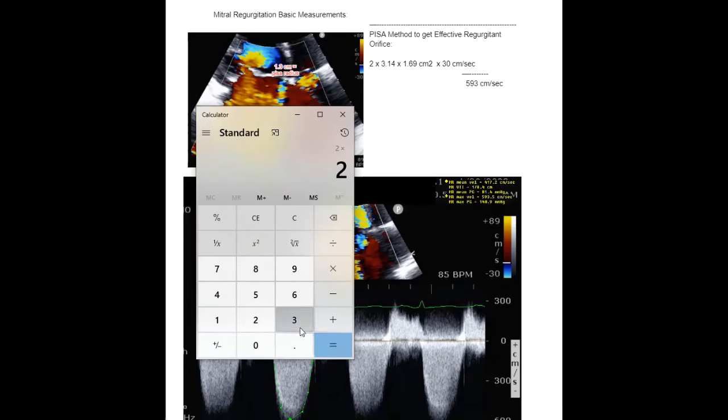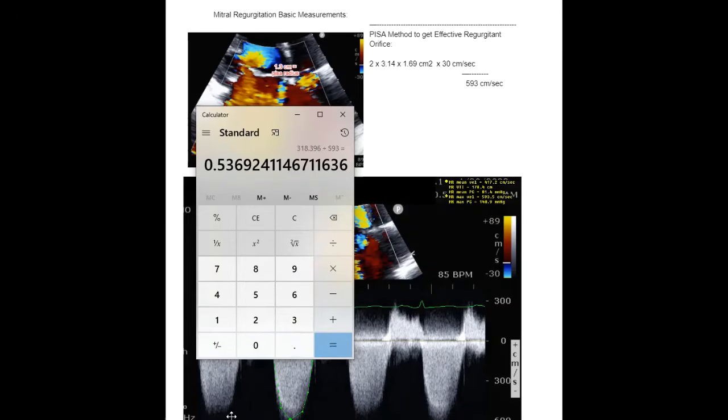2 times 3.14 times 1.69 times 30 equals 318. Divide that by 593 centimeters per second.